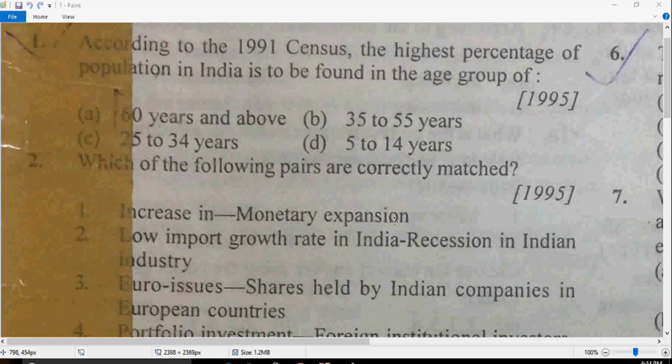See, in this video tutorial, we will talk especially about the structure of the Indian economy. All the questions which have already been asked by UPSC in previous years of the prelims examination, from 1995 to 2018.